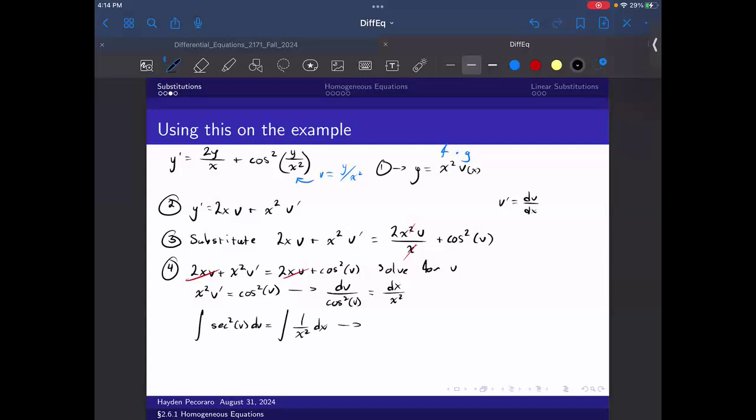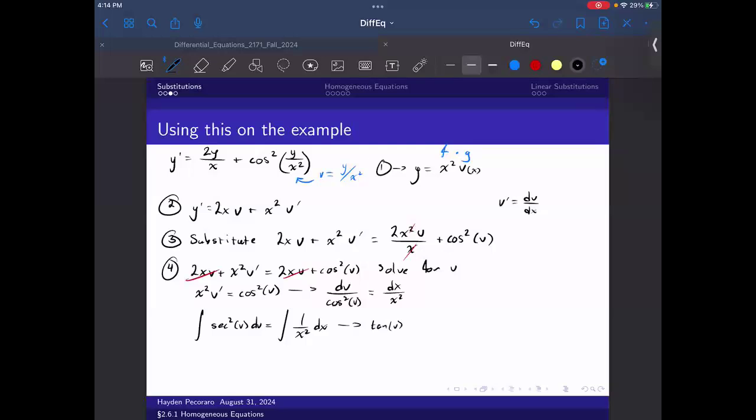All right, and we can do those two. So the antiderivative of secant squared is, oh, nope, sorry, close. There is a tangent in there.